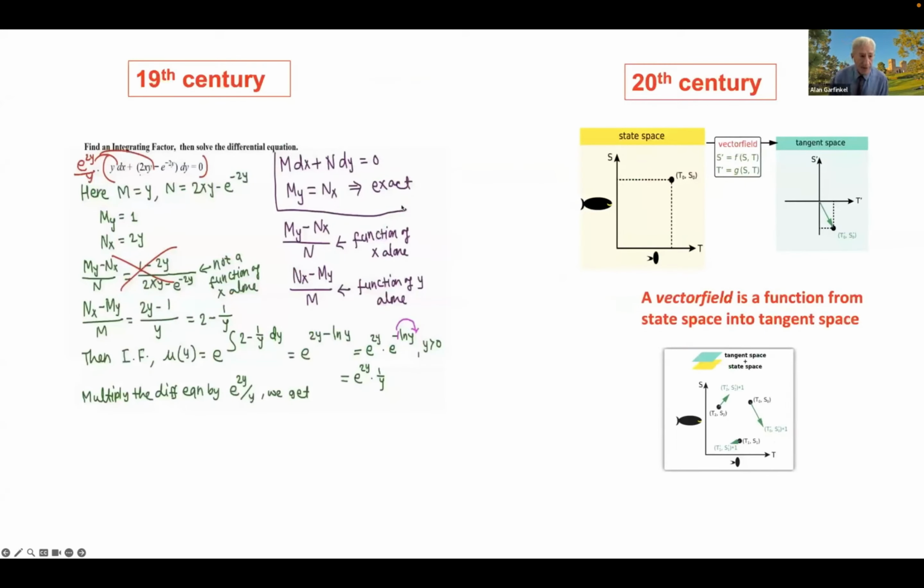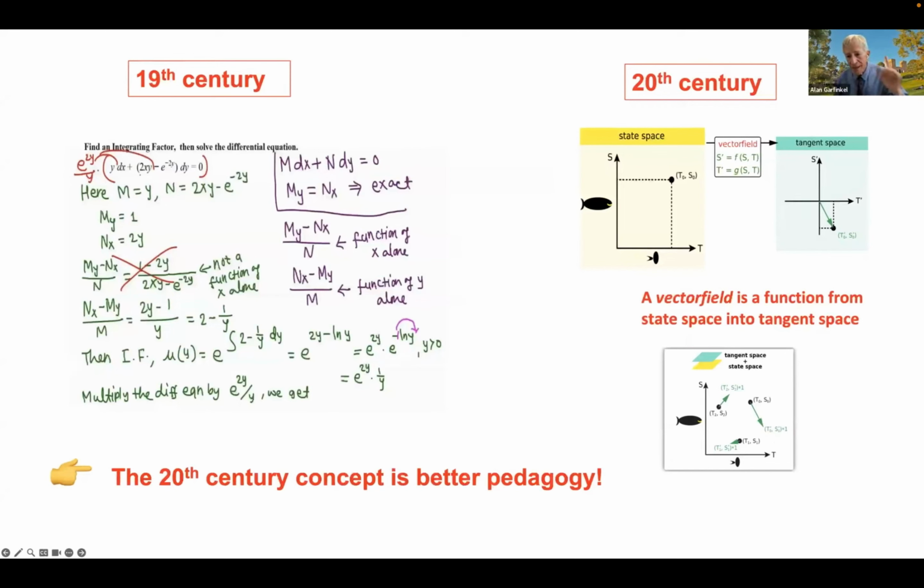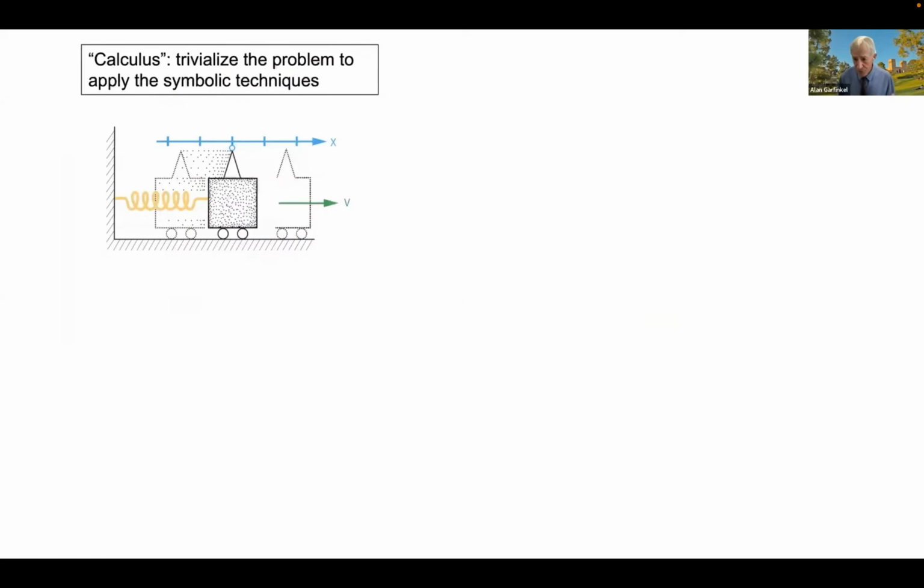So that's what I'm saying. We have the 19th century view, and we have the 20th century view. And the 20th century view is better pedagogy than the 19th century view. But also from the research point of view, and this is what the National Academy of Sciences was talking about in biology: what does calculus do?